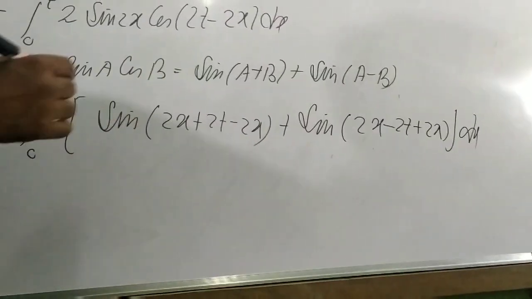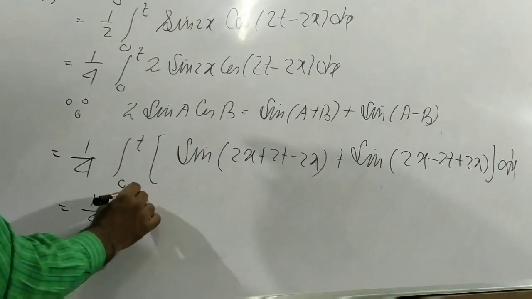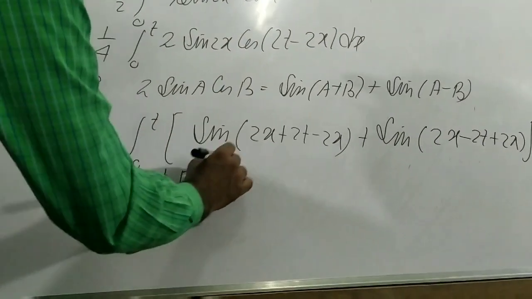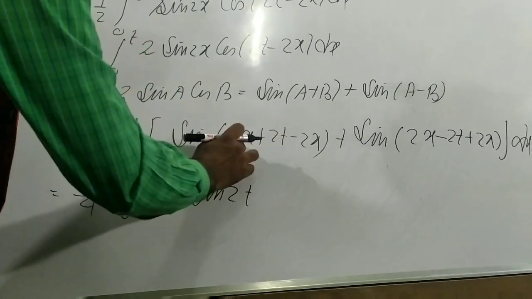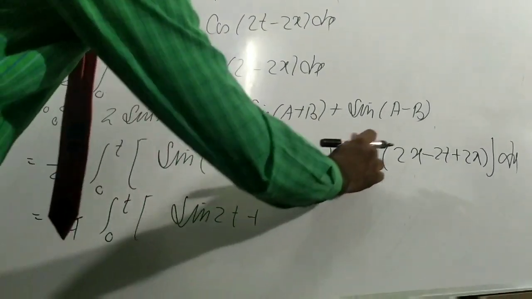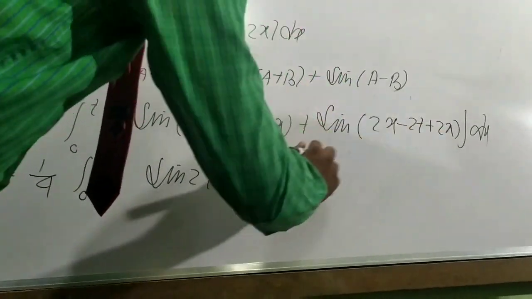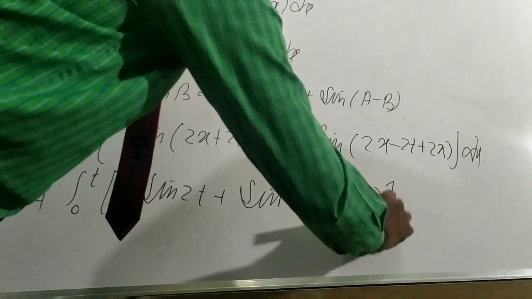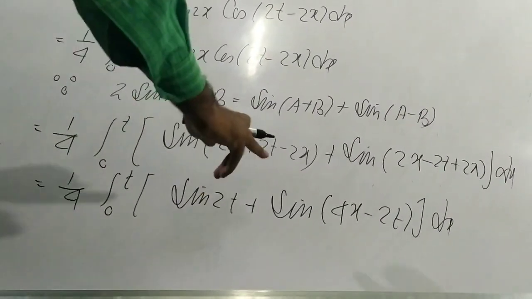We get this one. Next, 1 by 4 remains same, 0 to t remains same. This will be sine twice t, 2x and 2x cancel, and this is sine (4x minus 2t) dx. So we get this one.